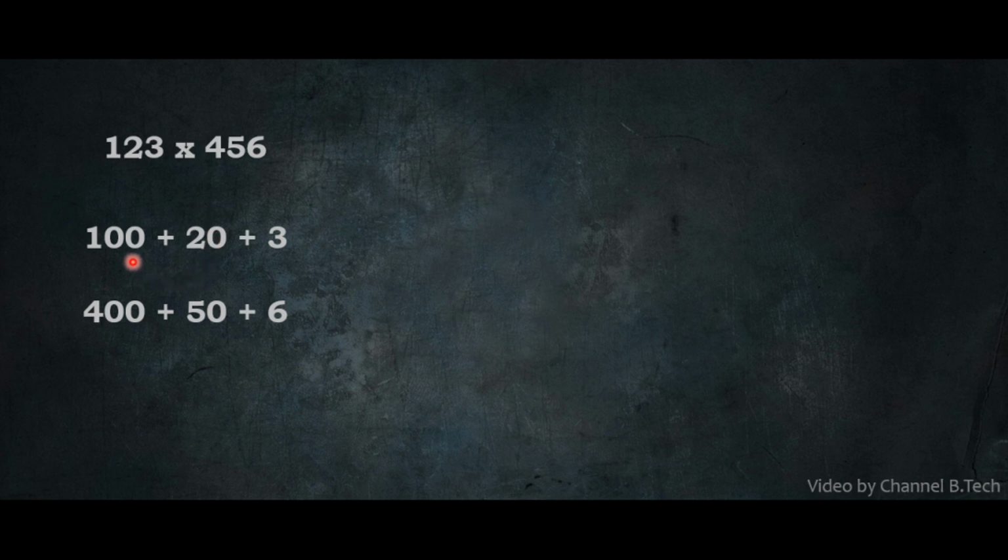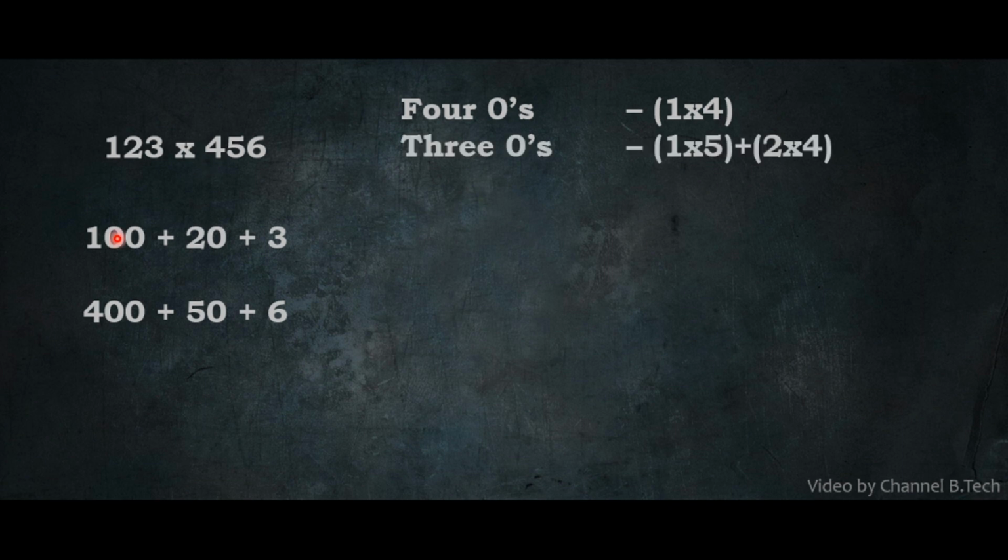So to get 4 zeros, what we do is we multiply this 1 and this 4. To get 3 zeros, we multiply 1 into 5, 2 into 4, and we add them, right? 100 into 6 will give 2 zeros, 20 into 50 will give 2 zeros, 3 into 400 will give 2 zeros.